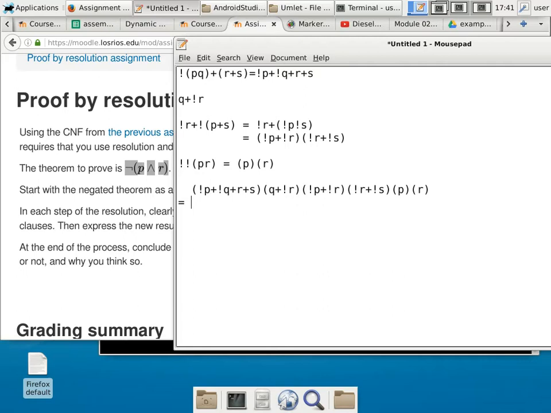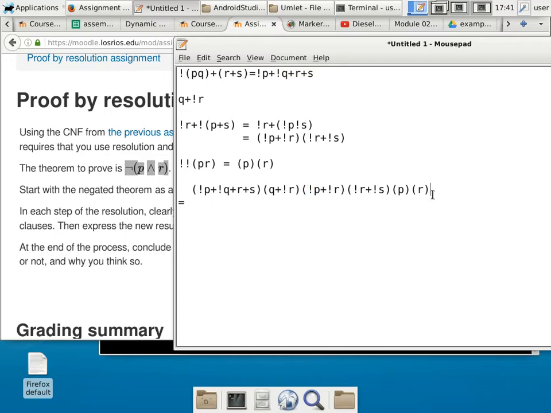You can pick one of those, say pick P. When you pick P, then you have to use another clause that has a not P. In this case, we have this one with a not P, and this one with a not P, but you want to pick one that has fewer terms because that will possibly give you another single term clause, which is really helpful.